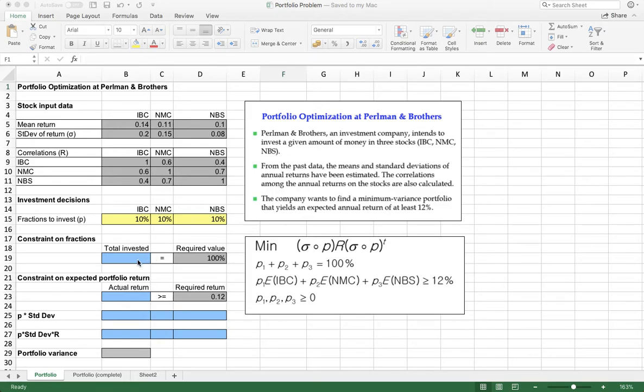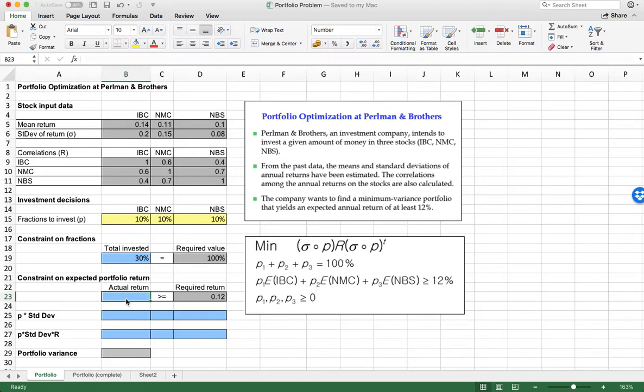My first constraint is that the sum of proportions is equal to 1. Therefore, we enter the sum of my 3 decision variables has to be equal to 100%. The second constraint is that expected return is at least 12%.